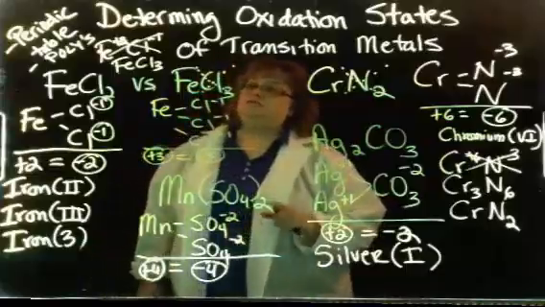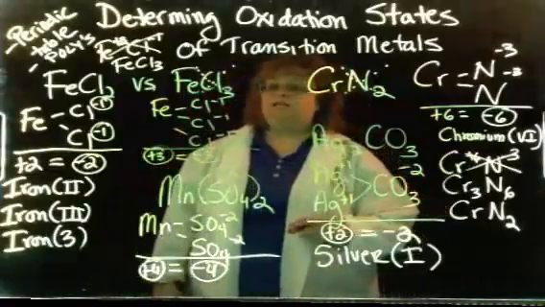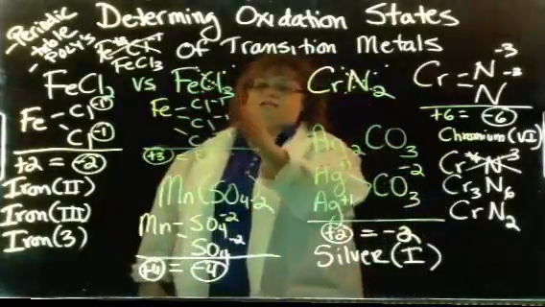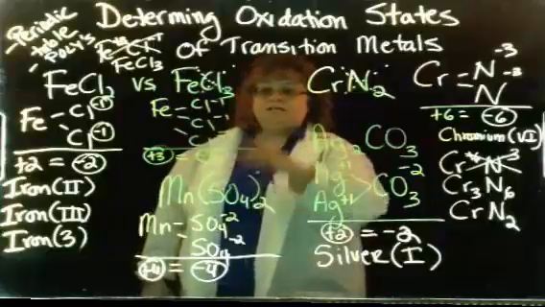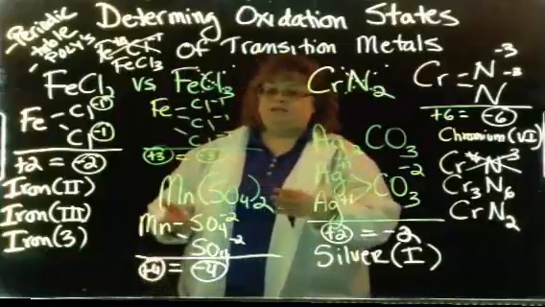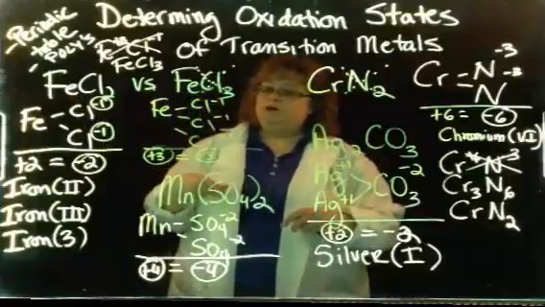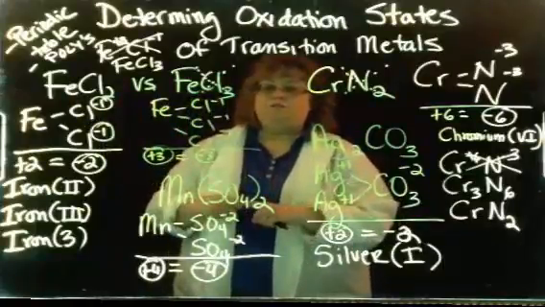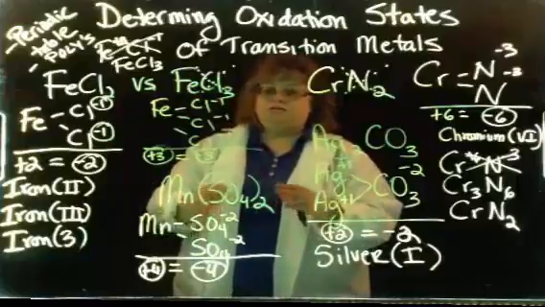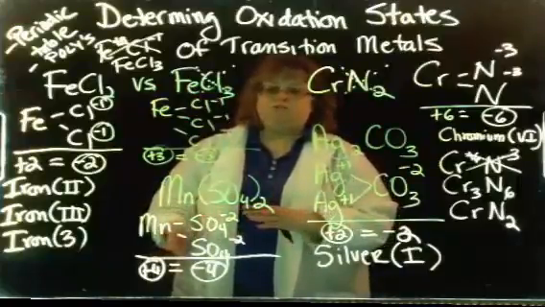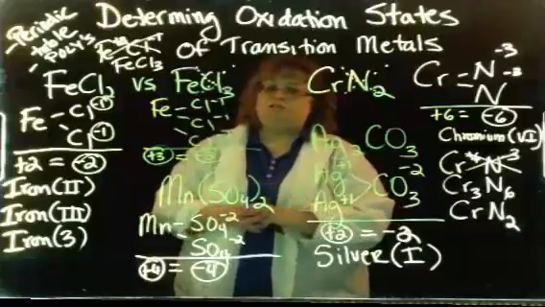As you can see, in order to determine the oxidation state of these compounds, I had to look at the negative part of the compound. Because for the negative part, I could get this information from the periodic table. I knew what charge chlorine was. Or I have the polyatomics memorized, so I could use that sort of like a detective in order to determine the oxidation state, the charge of the transition metal.